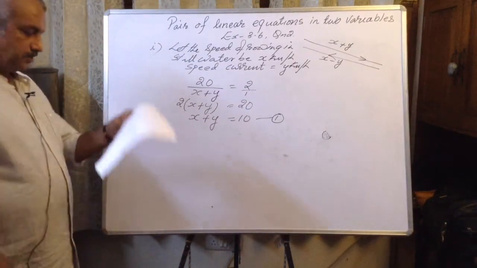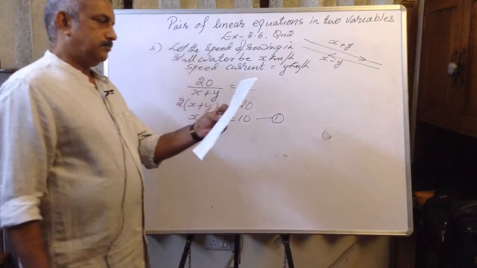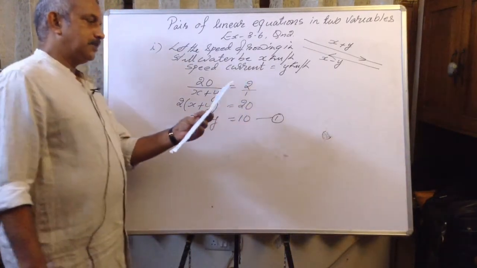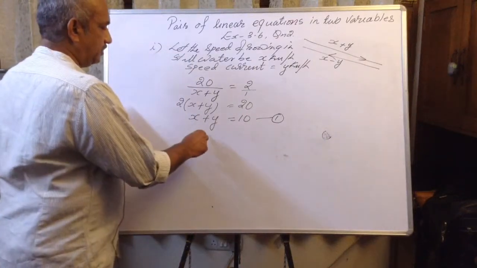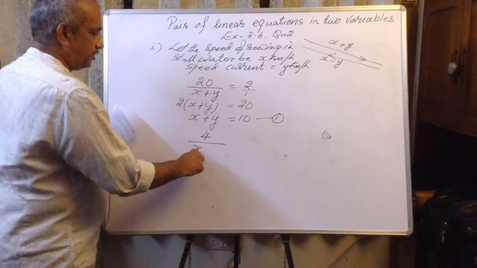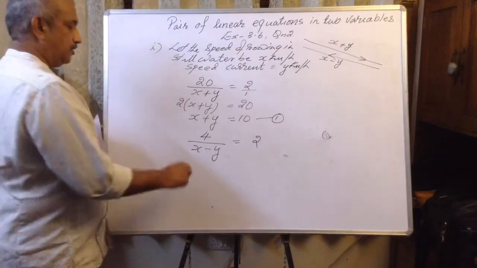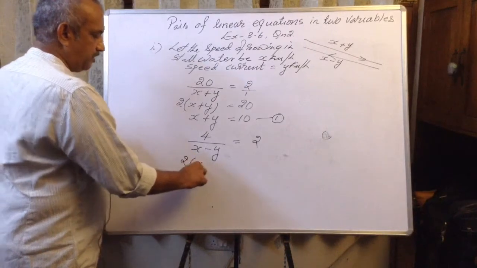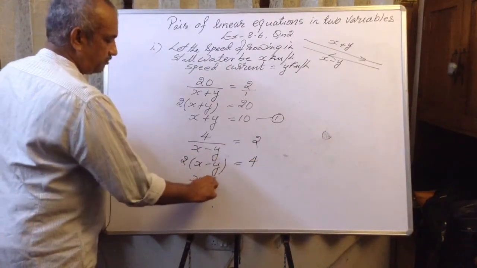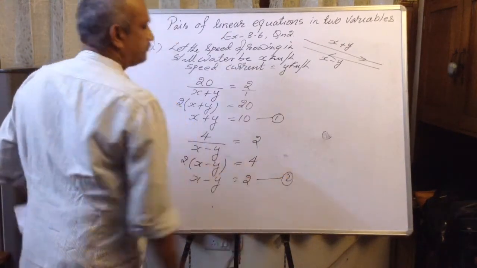Now second case, they are saying she can row upstream 4 kilometer in 2 hours. Distance 4 kilometer, speed upstream x minus y, time again 2. So 2 into x minus y is equal to 4, or x minus y is equal to 2. Second equation.